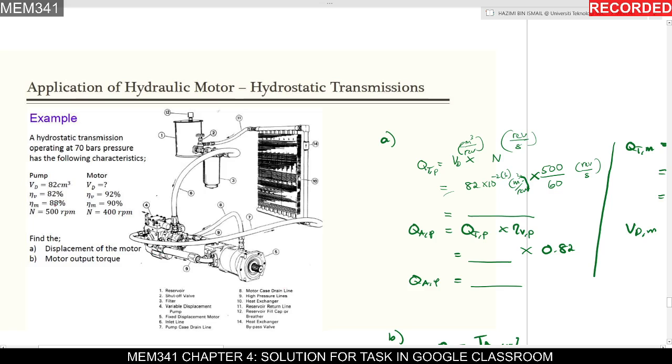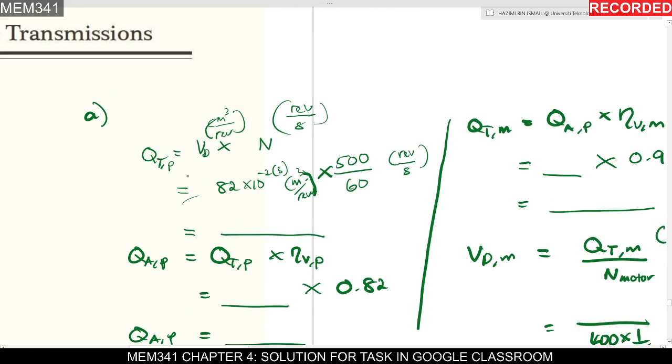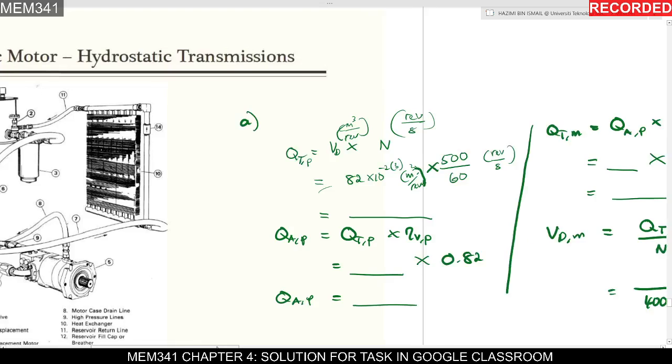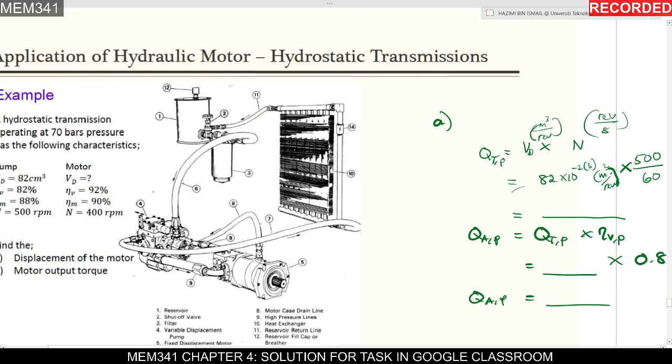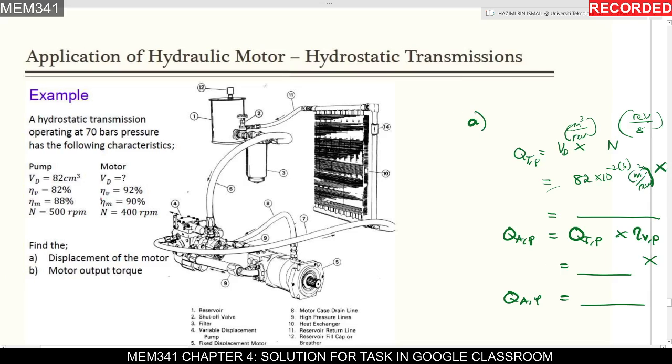Okay, for A, displacement of the motor, we start with the equation of volume flow rate of the motor in theoretical of the pump. T here means the theoretical value, P means the pump. So the equation for the pump and the motor is similar. The difference is the values that are given here.